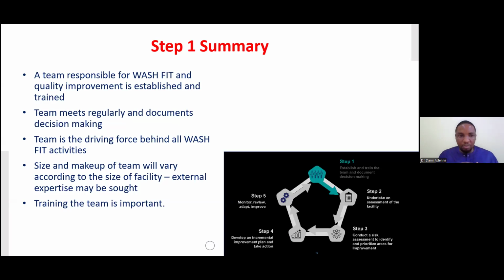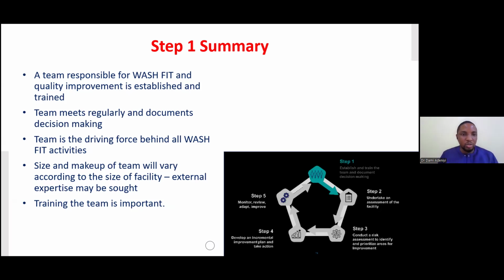Now, it's important that the team comprises people across different aspects of the hospital, not just limited to the clinical areas. For example, if you have WASH engineers or engineers, you want to involve them, and a representative of the policymakers or those in management or administration, to ensure that there is representation across board.